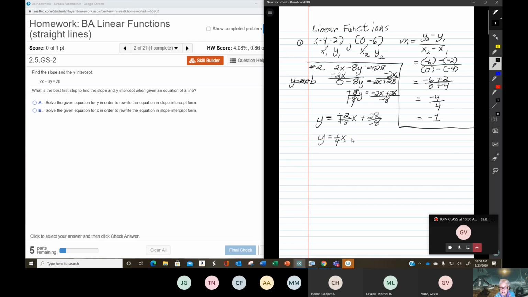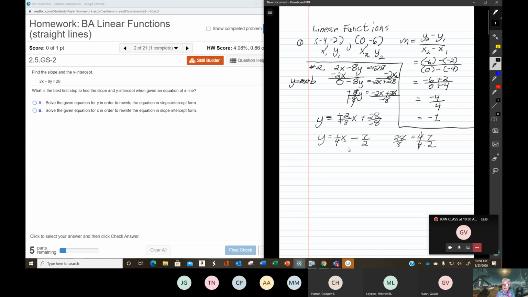Positive over negative is negative, and 28 over 8, let's see, 28 is 4 times 7, and 8 is 4 times 2, so the 4's cancel, leaving me with 7 over 2. And so I think my answer should be 1/4 x minus 7 over 2.